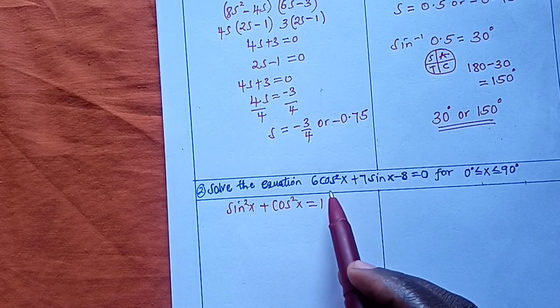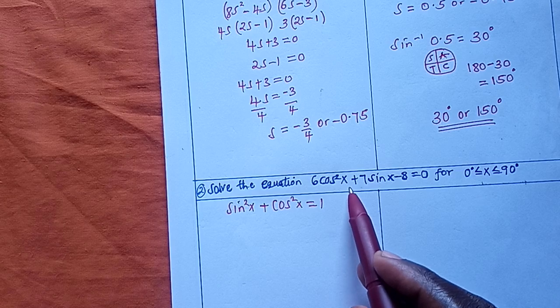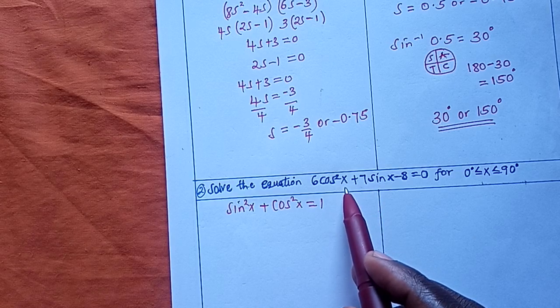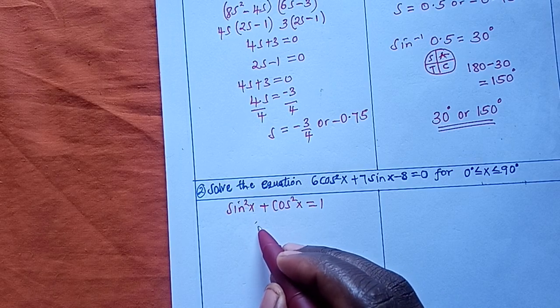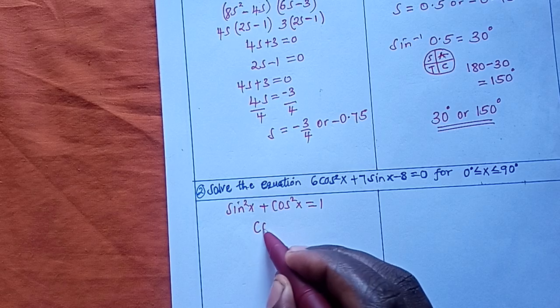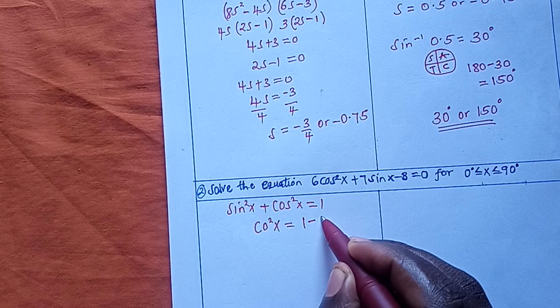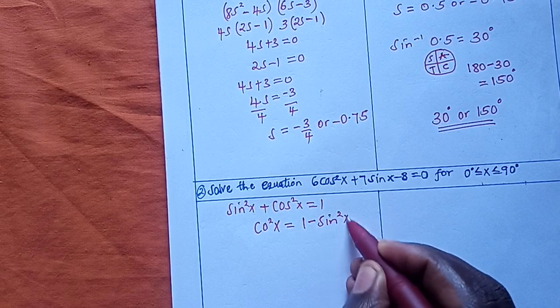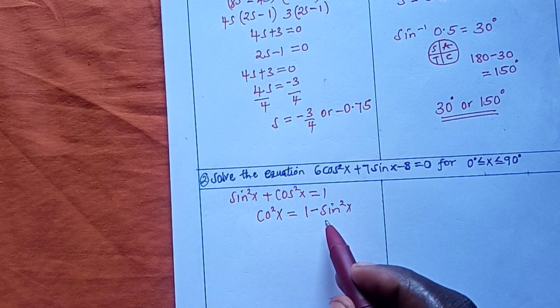Now, because our question has 6 cos squared x, where we see cos squared x, we want to replace that with sine squared x, so that all the terms here will be the same. Now let us make cos squared x the subject here. We say cos squared x is equal to 1 minus sine squared x.